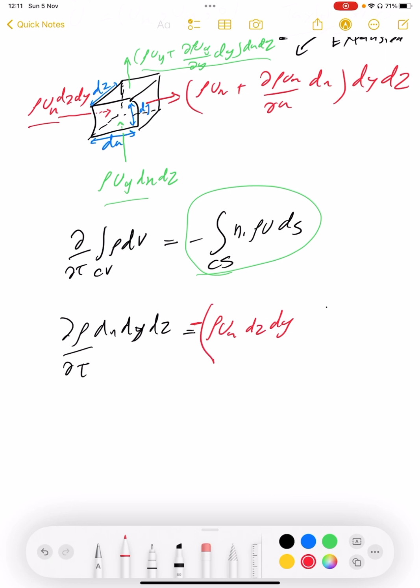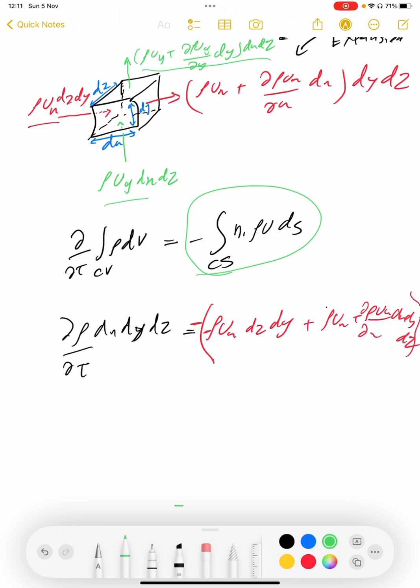So this is in x direction coming in, and what is going out would be, again, it already has a negative sign because it's coming in. So normal vector and the velocity are in opposite direction over there. And what is coming out would be rho ux plus variation of that in x direction dx dy dz, right? This was in x direction.